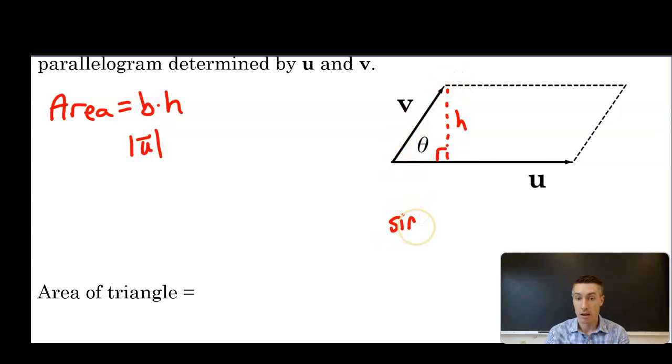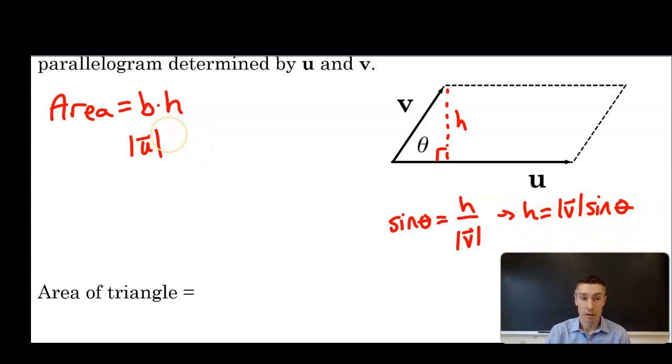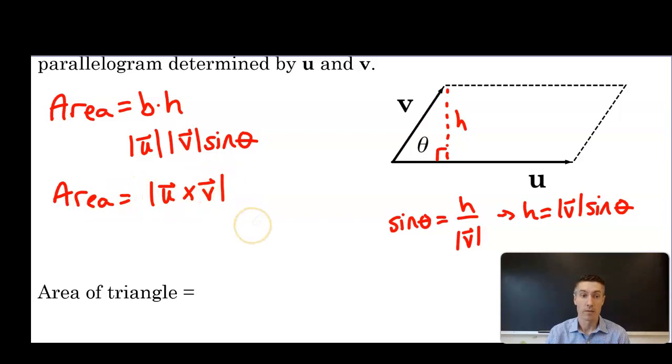So sine of theta equals h, which is a scalar, over the hypotenuse, which is the magnitude of v, the magnitude of that vector. So that means h is equal to the magnitude of v sine theta. So magnitude of v sine theta, well, that's the definition of the magnitude of u crossed with v.